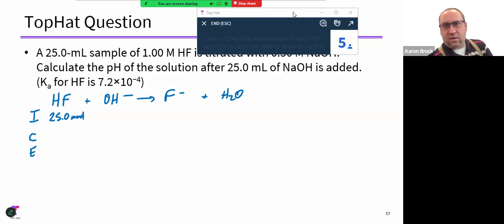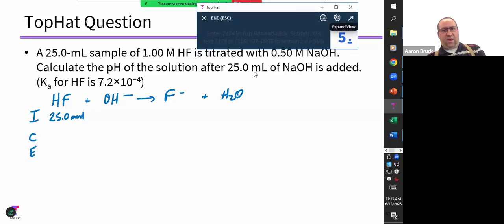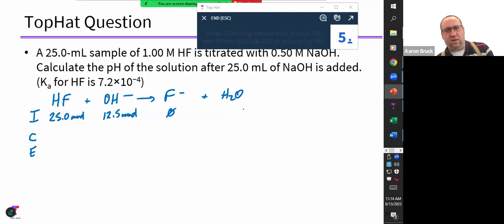And with half a molar, 0.5 times 25 of the NaOH, we get 12.5 millimoles of the hydroxide, with fluoride standing at 0 currently. Limiting reactant takes over, so we're going to run out of the hydroxide first.